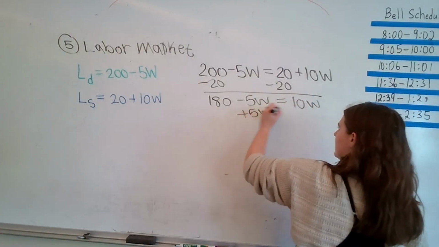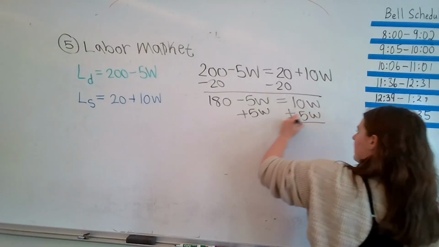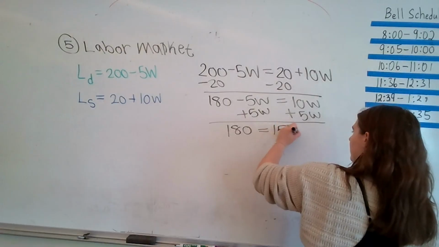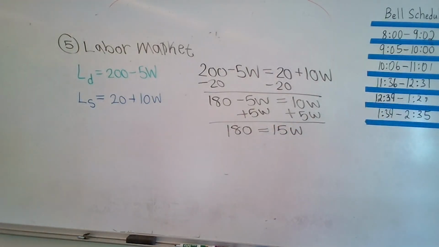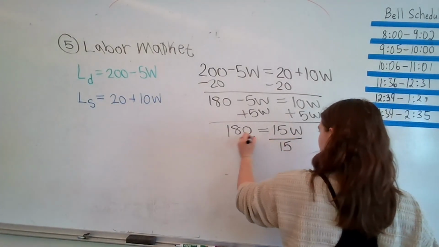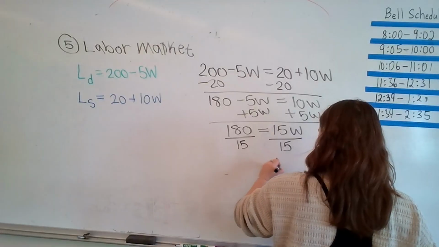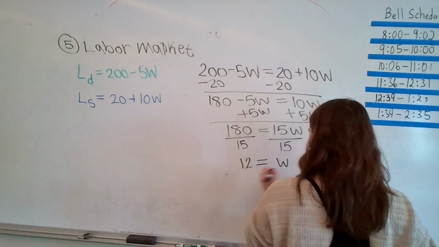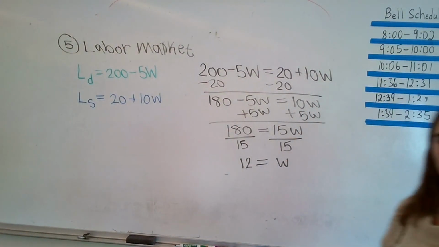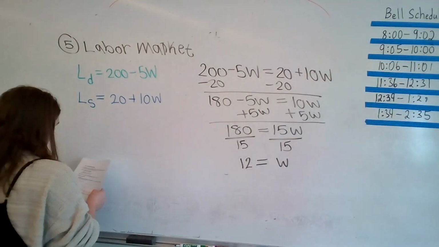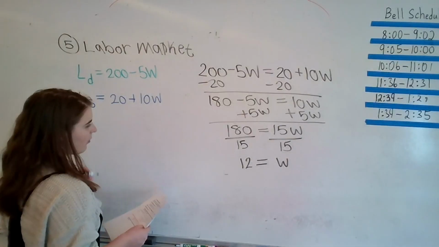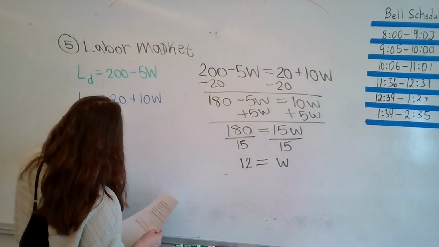Add the 5W to both sides, that gives 180 equals 15W. Then we divide by 15 and we get a wage of 12.